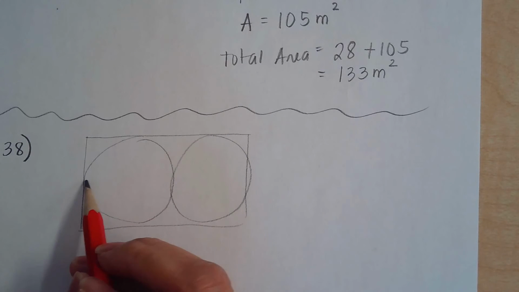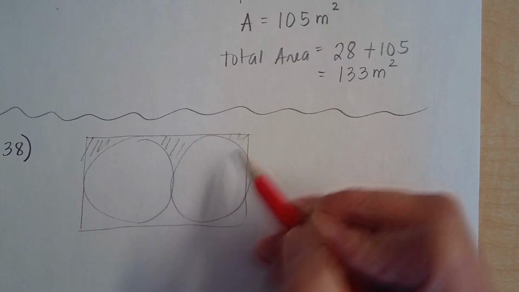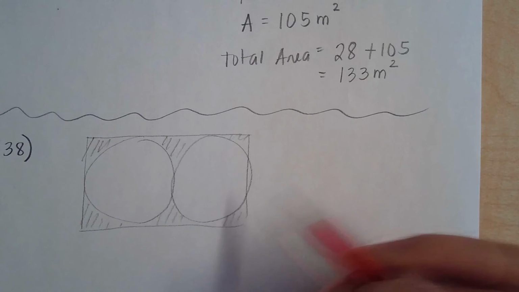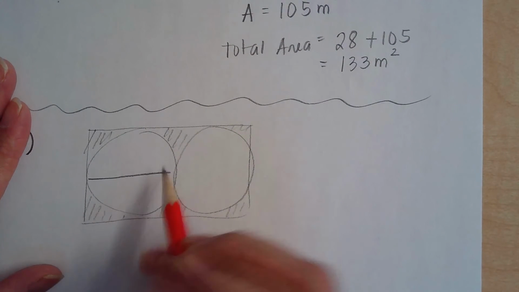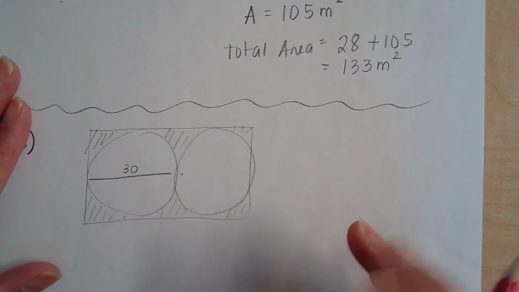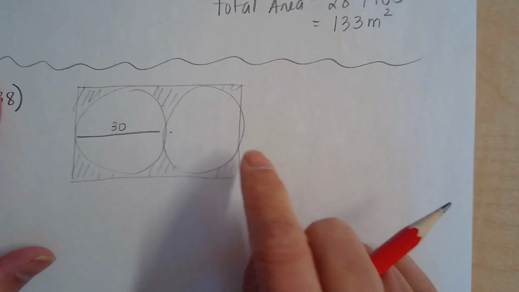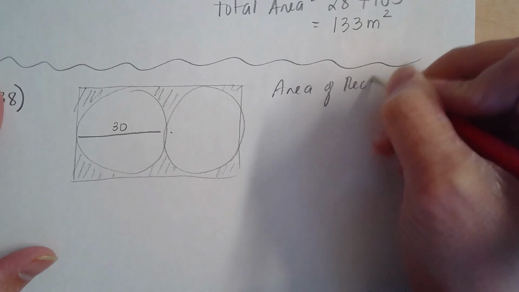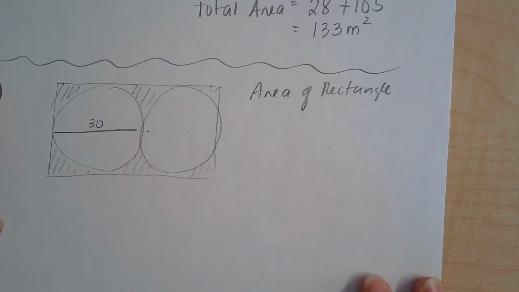You've got 2 circles here, like 2 circle holes. So if this is 30, this is called the diameter, 30. What we're going to do is first figure out the area of a rectangle.